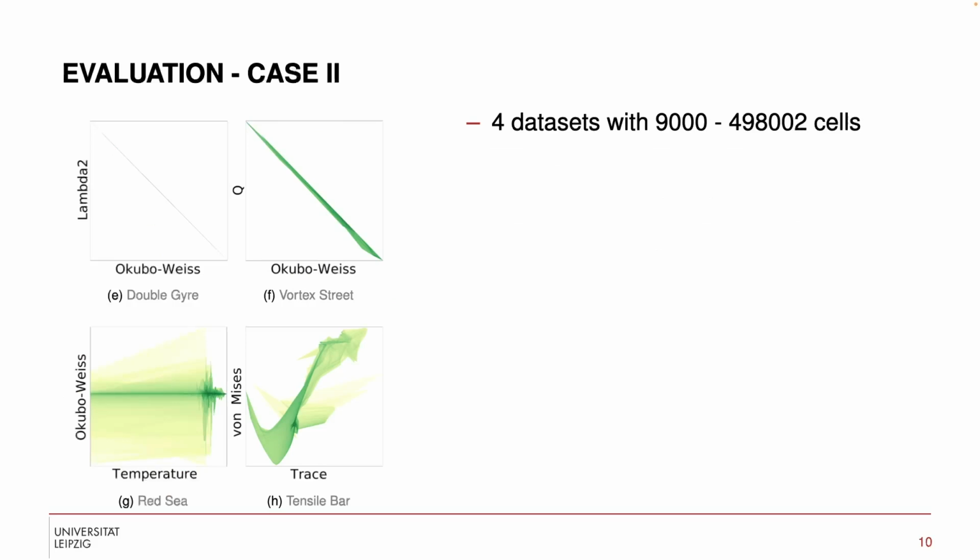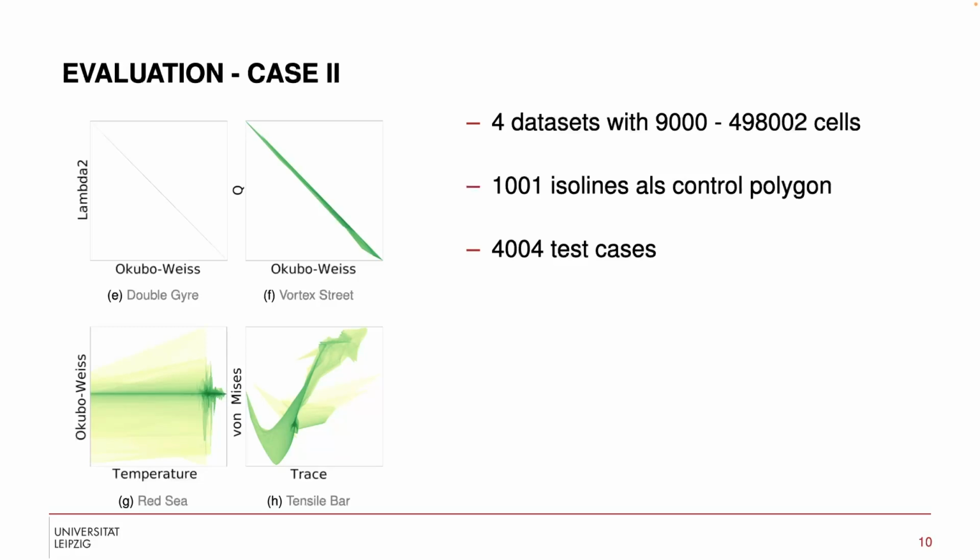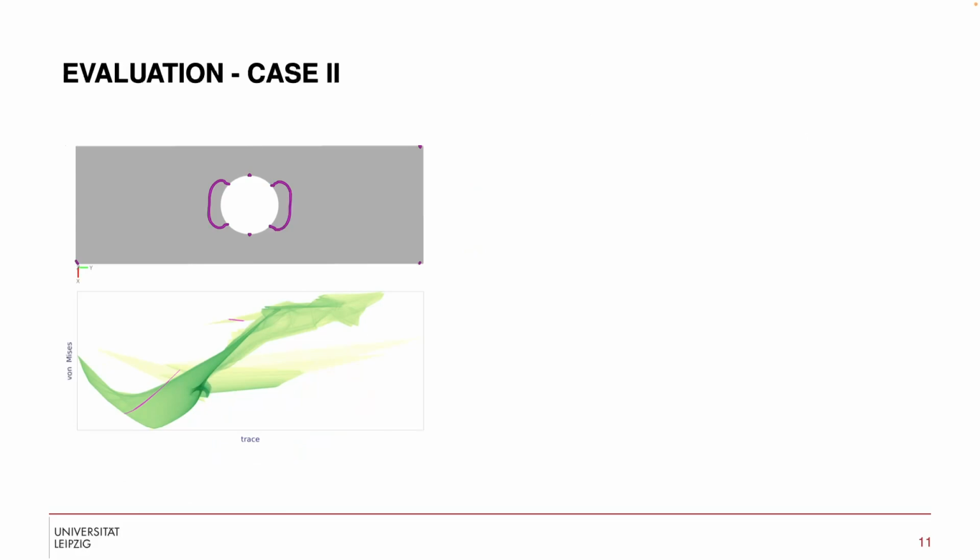In the second case, we test also the four datasets, and we used as control polygon 1001 isolines from a third variable. In total, we have 4004 test cases. An example of this can be seen on the left side for the stress propagation in the tensor bar.